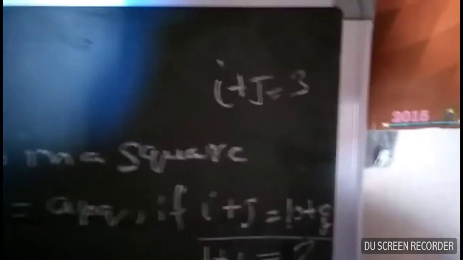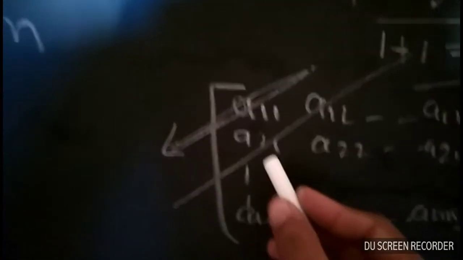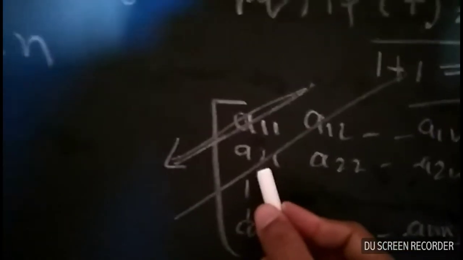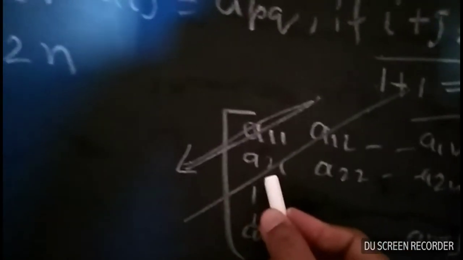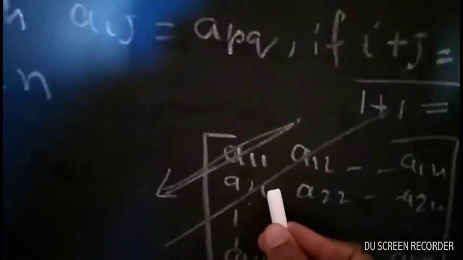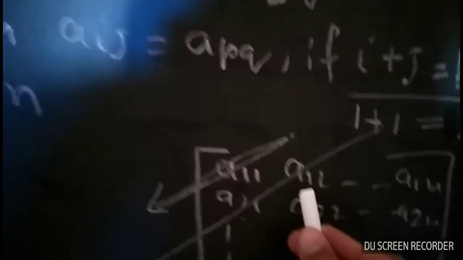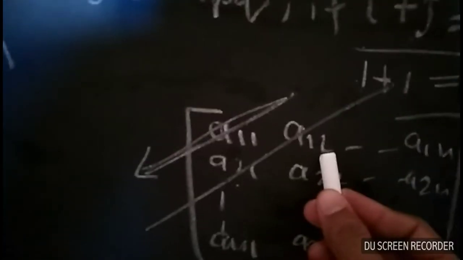And when we put i plus j equal to 3, then in the second diagonal there are two conditions, that is i equal to 2 and j equal to 1, and i equal to 1 and j equal to 2.